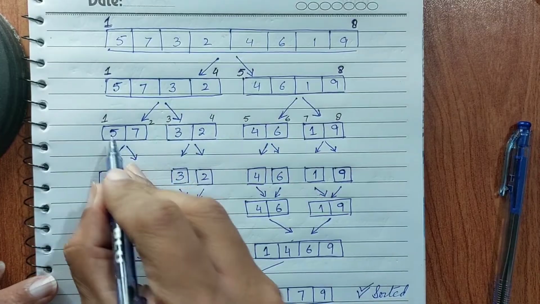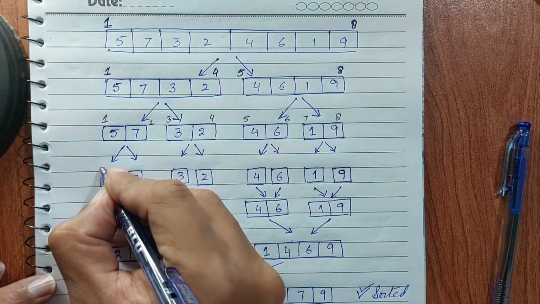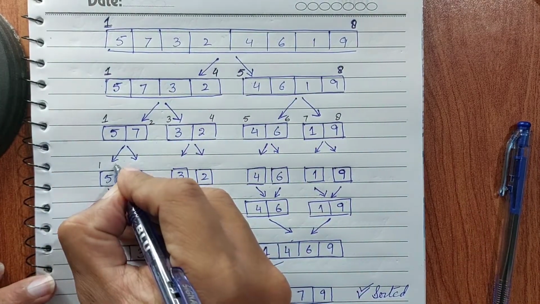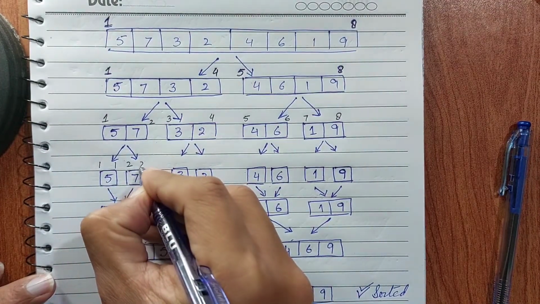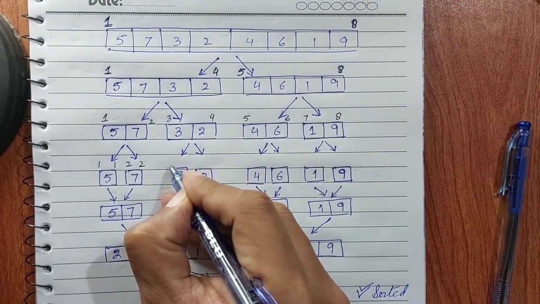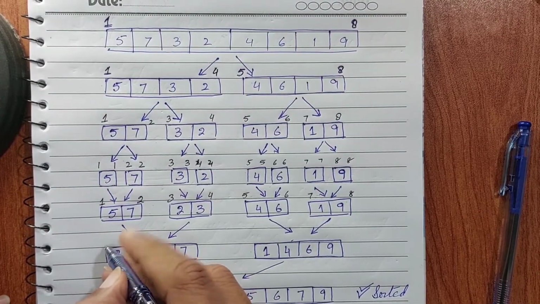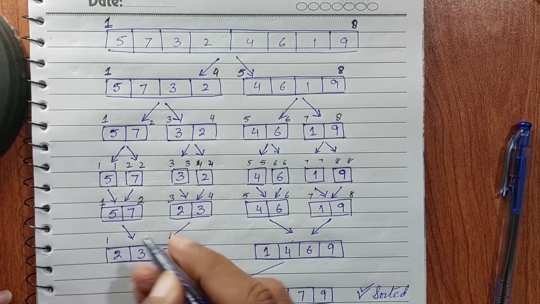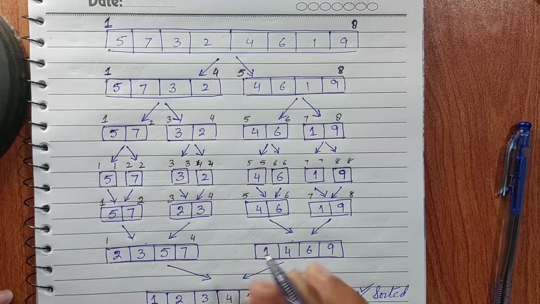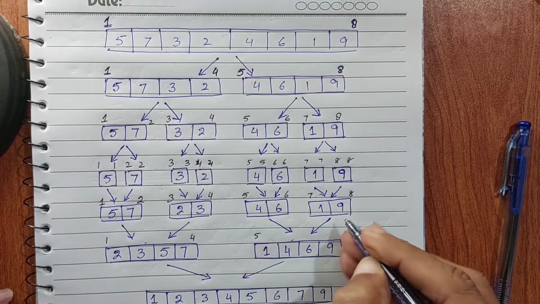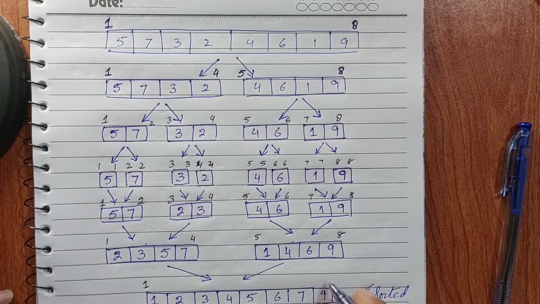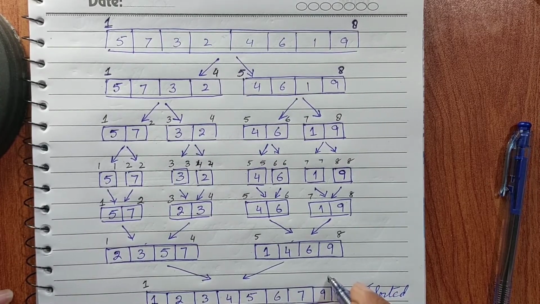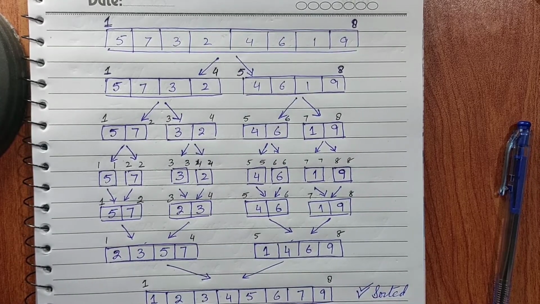In the same way, we mark these indices: start index 1, ending index 1; start index 2, ending index 2. We are just marking all the indices, 1 and this is 4, this is 5 and this is 8, and the final array has index 1 to index 8.